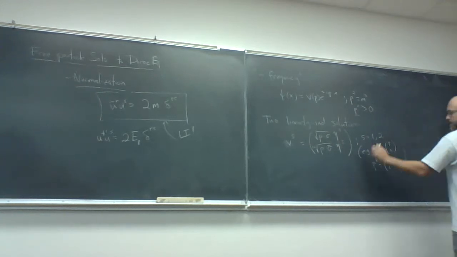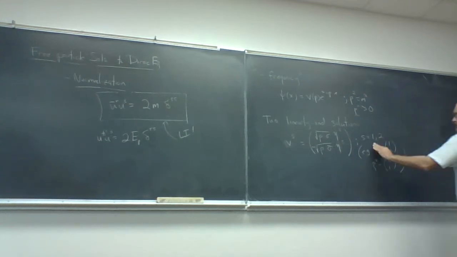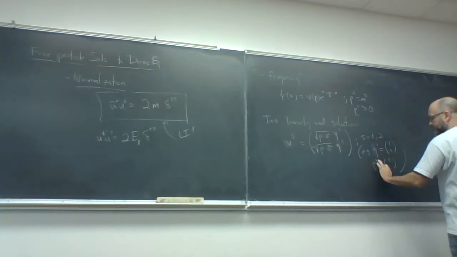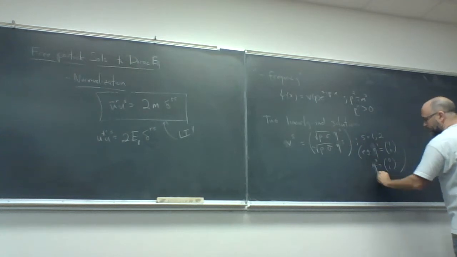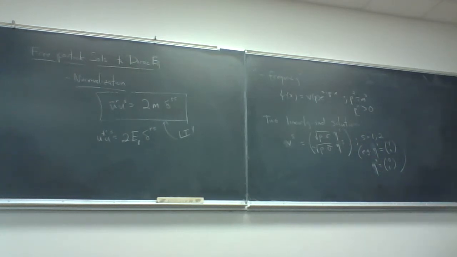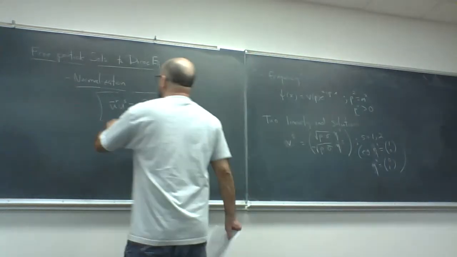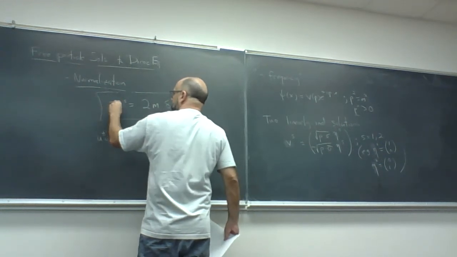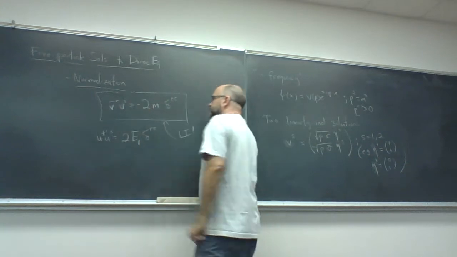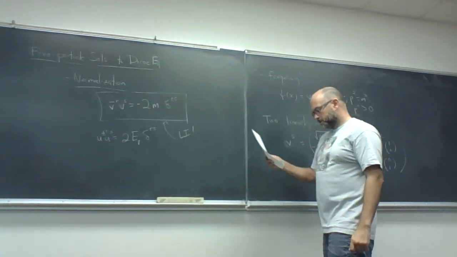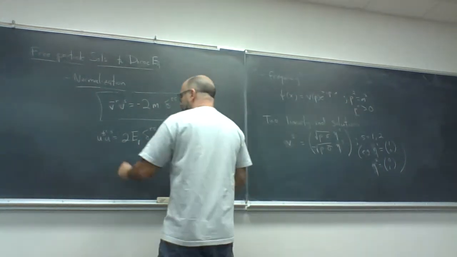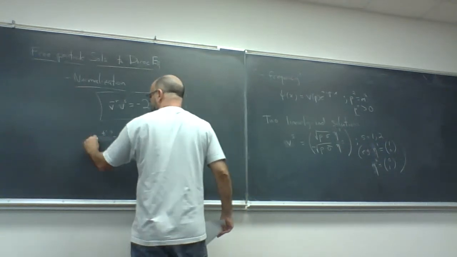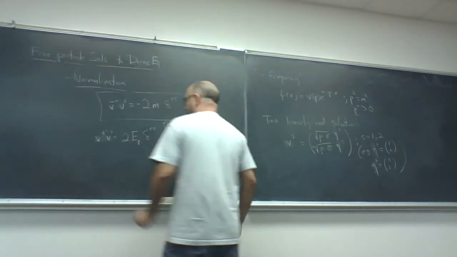And this still goes: s can still be 1 or 2, and eta can still be spin up or spin down. And these guys obey basically the same normalization condition. The only difference is you pick up a minus sign. However, in this case, you still get a plus sign.